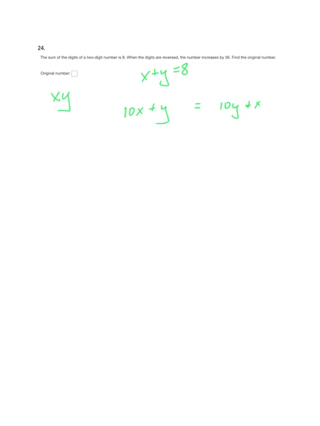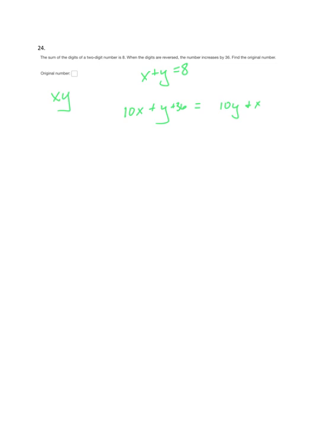But it says when the digits are reversed, the value increases. So that means how it's written originally is worth less, but if we add 36, then the two sides will be equal. So here's our equation.